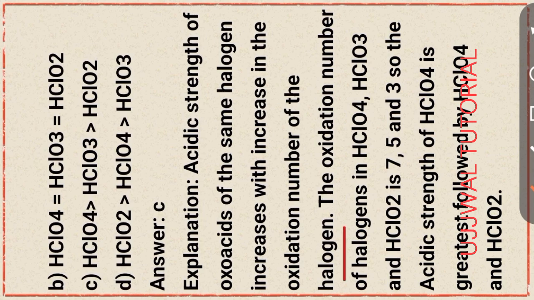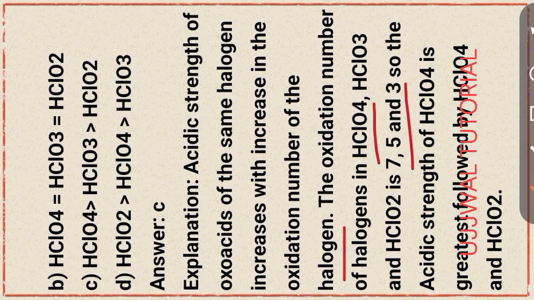The oxidation numbers of chlorine in HClO4, HClO3 and HClO2 are 7, 5 and 3. So, the acidic strength of HClO4 is the greatest.